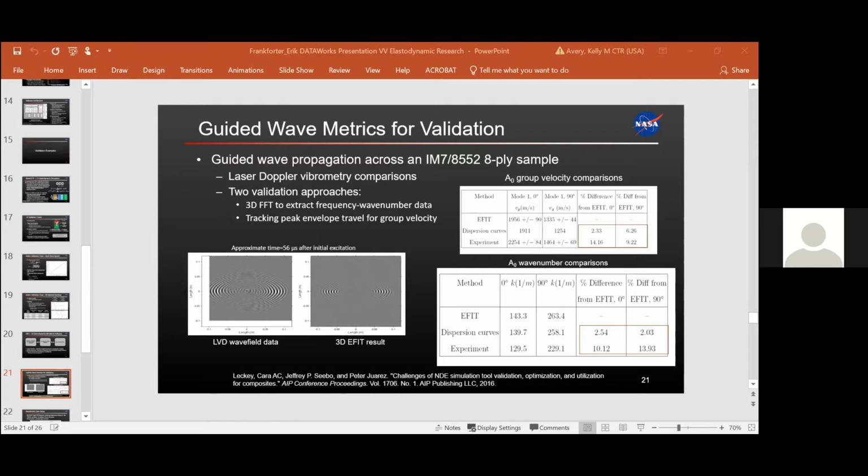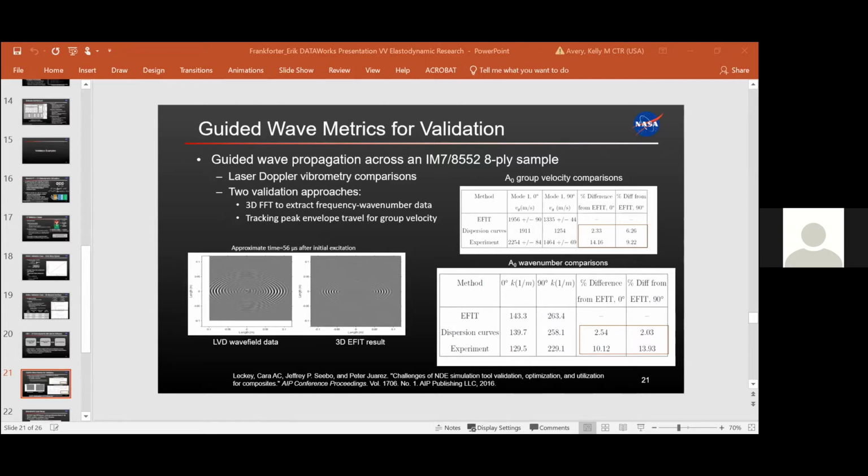The wave numbers have analytical relations for guided wave modes, and here we have some examples where we can get very close correspondence with the theory, the analytical model, still needing some model calibration when getting to the experiment.